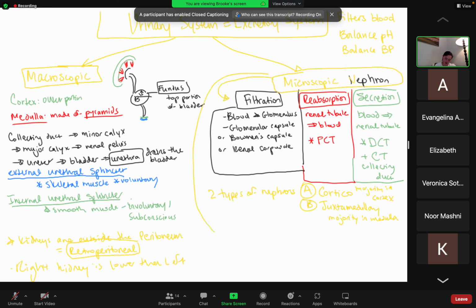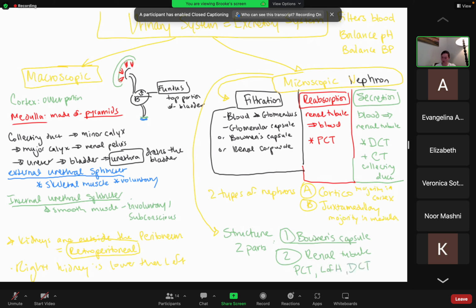Now structure, the nephron has 2 parts. It has one, the Bowman's capsule. I don't know why the notes didn't start with this. And number 2, renal tubule. And then the renal tubule is the proximal convoluted tubule, the loop, we'll put loop of H, and then distal convoluted tubule.